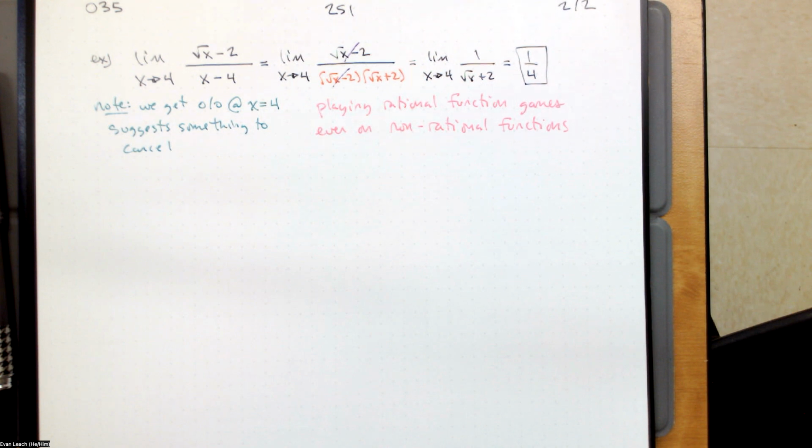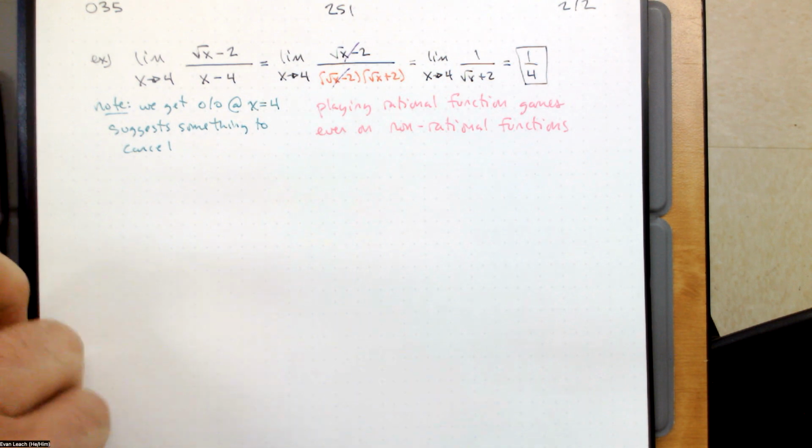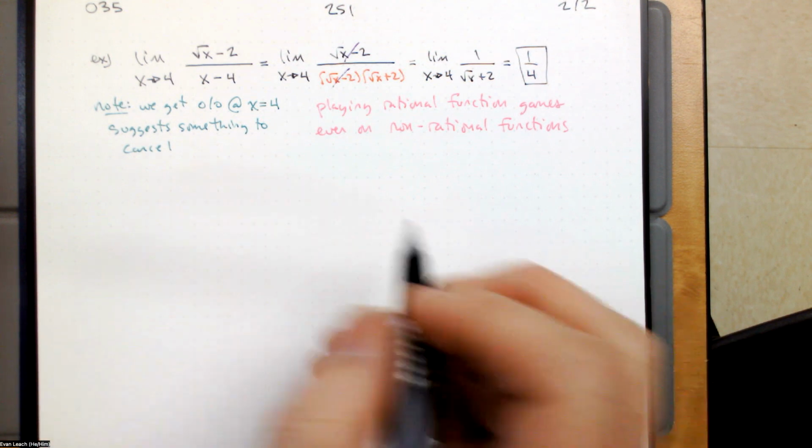This is going to be our goal if we happen to be called upon to use the definition of the derivative to find the derivative at a point, or even find the derivative function.